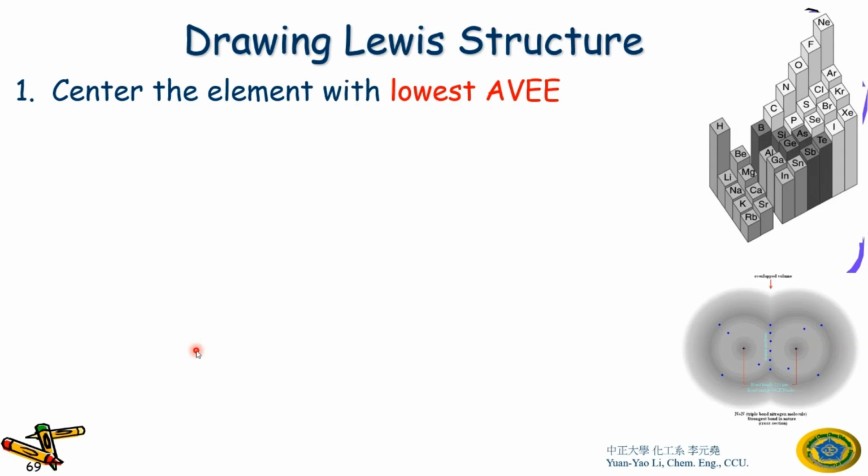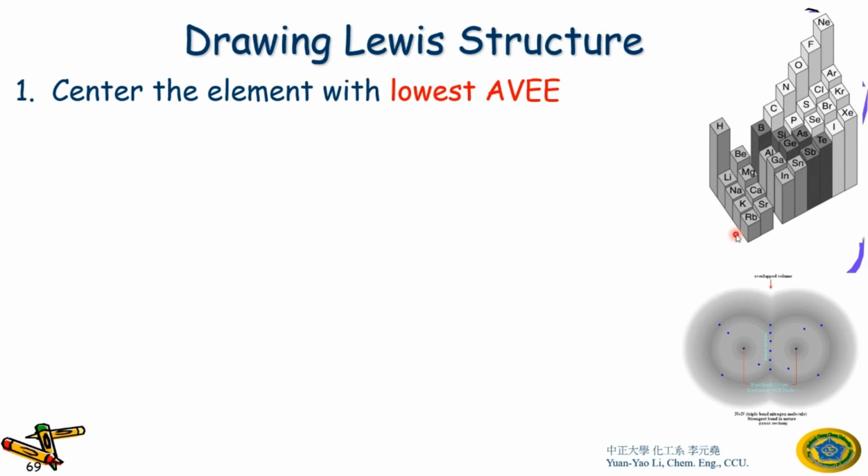Average valence electron energy. So this is a form of energy. The element which has the lowest energy, you have to put it in the center. And this is how it looks. A metal, as we learned in the previous Kahoot on Wednesday, doesn't like electrons.